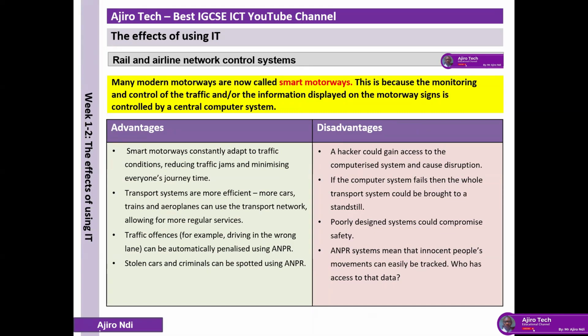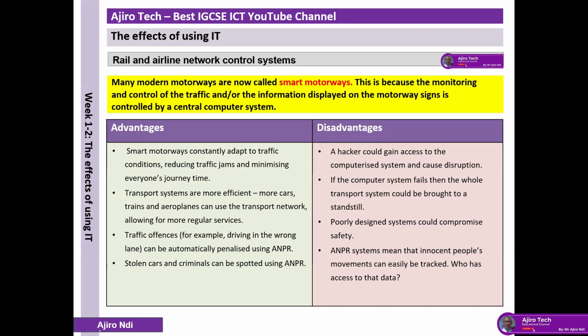So when we add smart, it simply means that it is automated, right? They're adding certain devices to ensure and reduce any form of traffic congestion. I'm just trying to break it down as much as possible. So what's a smart motorway?